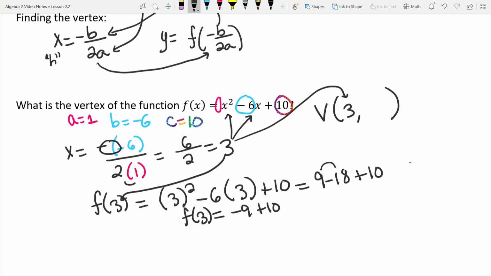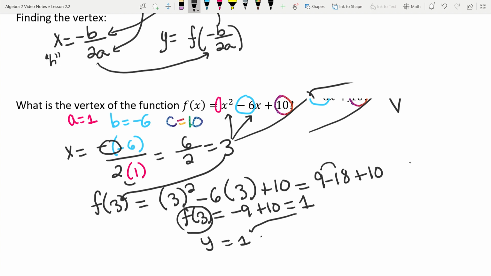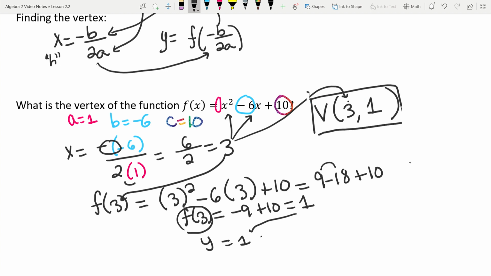Negative 9 plus 10 is 1. So remember, f of 3, the f is the same thing as y. So we got our y coordinate. The y coordinate is equal to 1. Okay, so now we know that our vertex is (3, 1). And that's how you find it if you're given standard form.